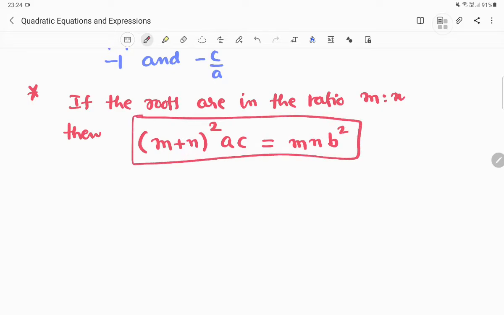So whenever this condition satisfies, or we can write like this also, m plus n whole square by mn is equal to b square by AC.